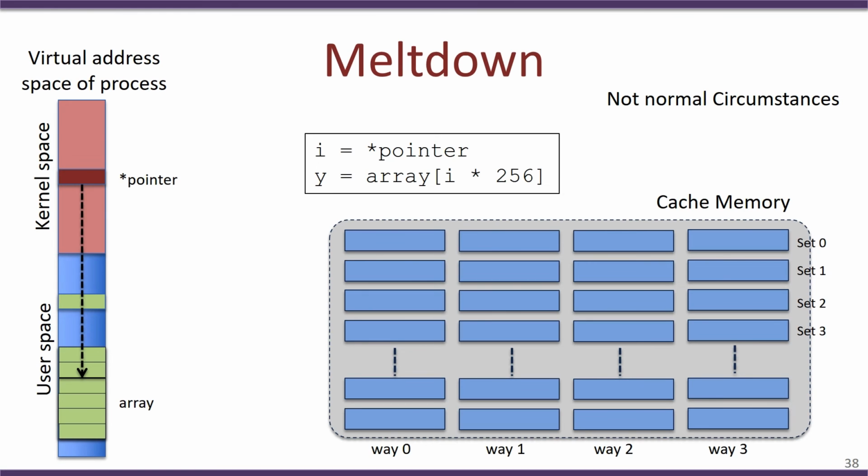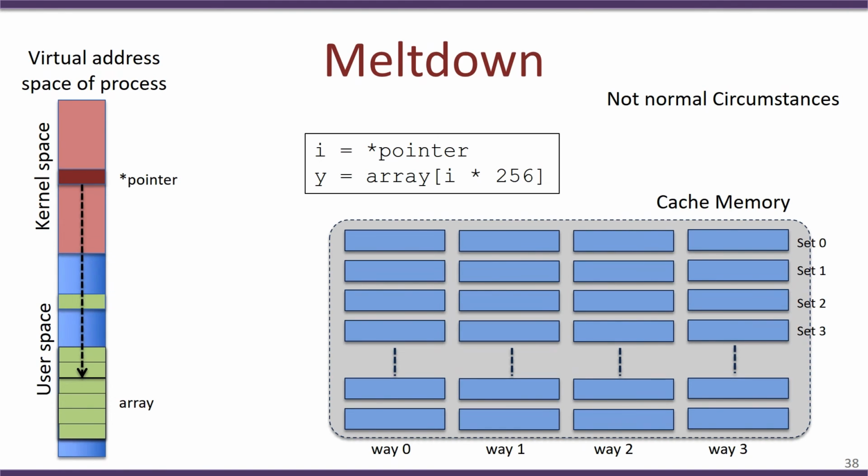Now let us say that we craft a pointer which is pointing to the kernel space. So now what we are trying to do in this first statement is load some contents from the kernel space into this variable called I. As we know that the kernel space is not accessible from a user level program, this would result in an exception being thrown and the program would terminate.